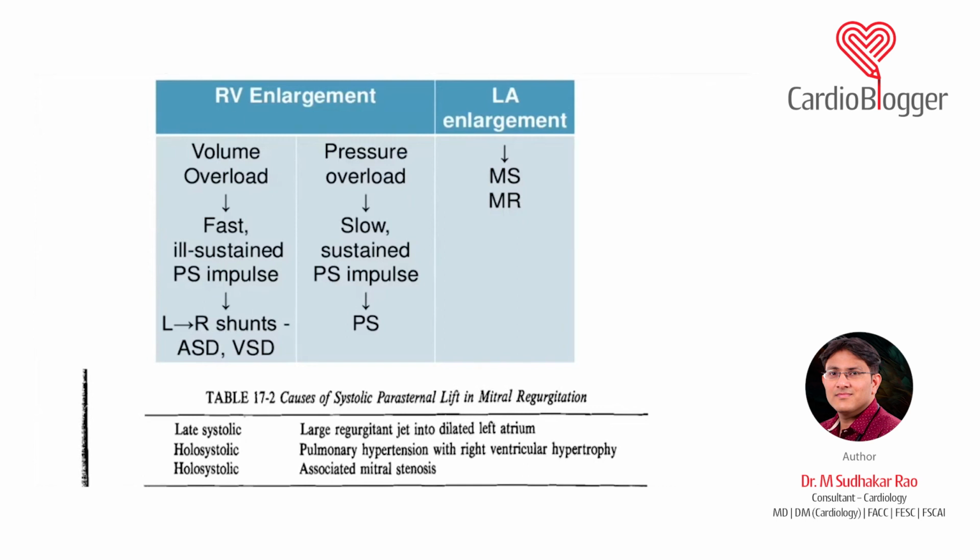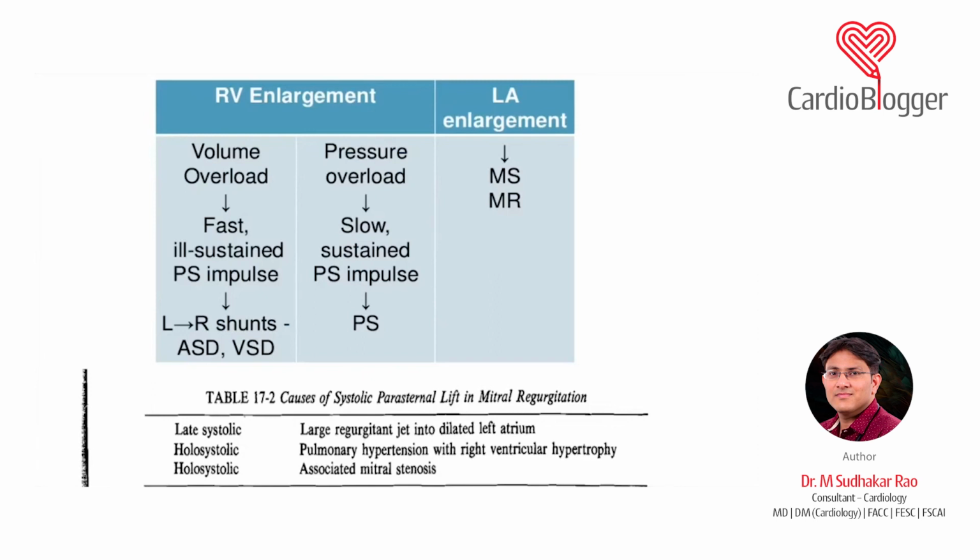Now there is another thing known as a parasternal lift. Usually people tend to confuse a parasternal heave and a parasternal lift. The main difference is in patients with mitral regurgitation, because the LA is hugely dilated and the regurgitant blood going from the LV to the LA tends to bounce.